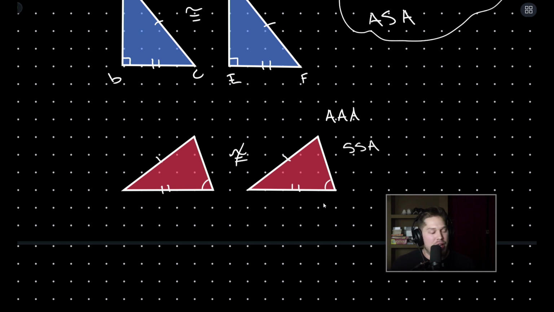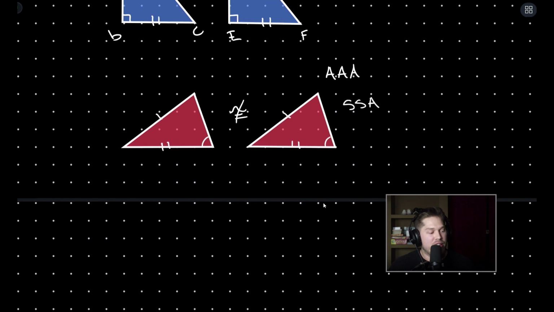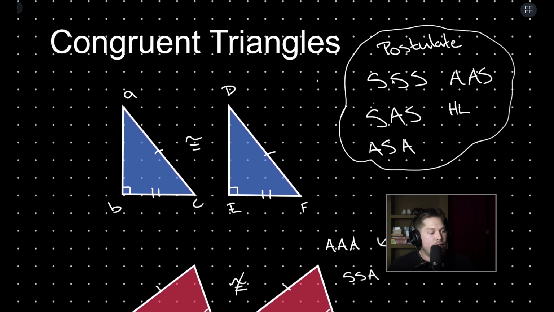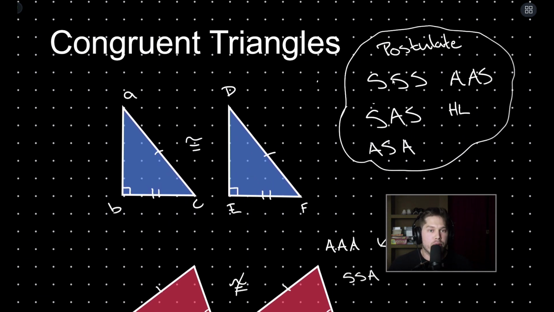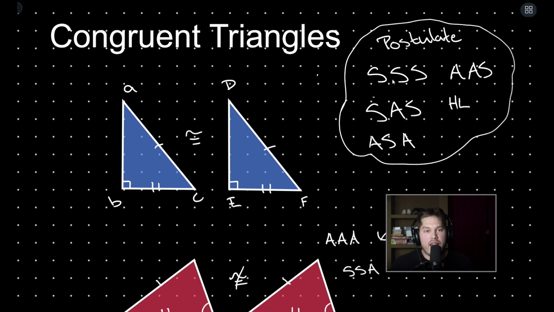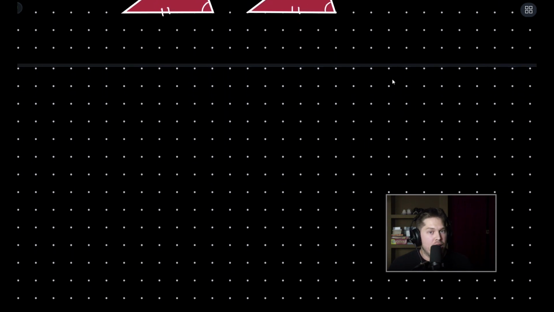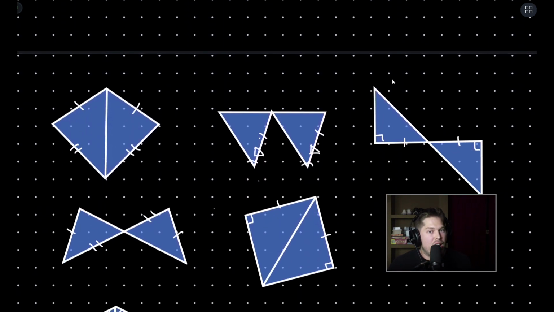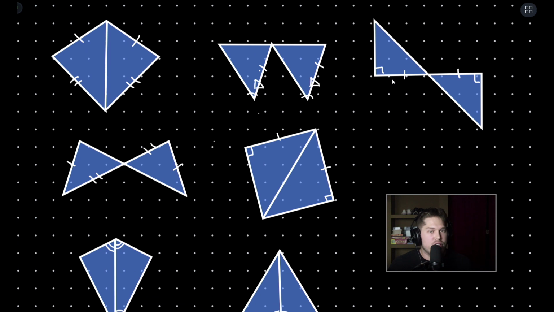And there's no foul language in your math class. So these are the two relationships that do not imply congruency. Again, the 5 relationships we are looking for are side side side, side angle side, angle side angle, angle angle side, and the hypotenuse leg relationship.